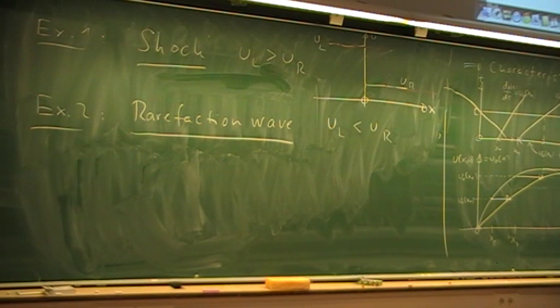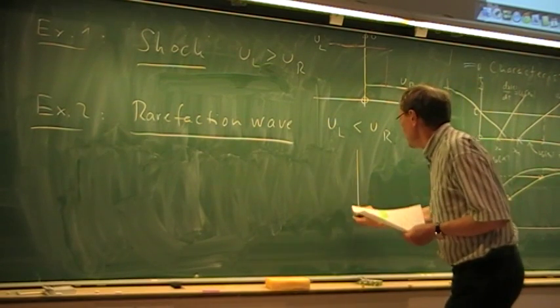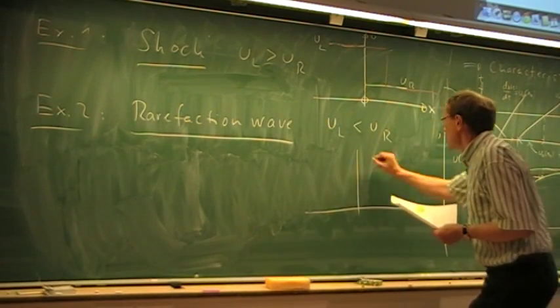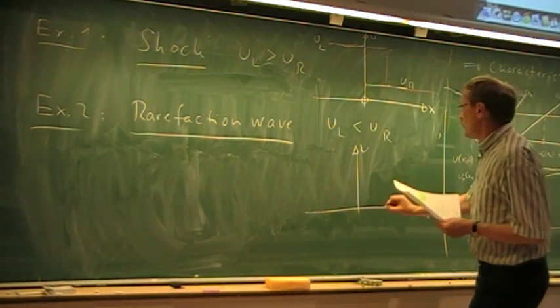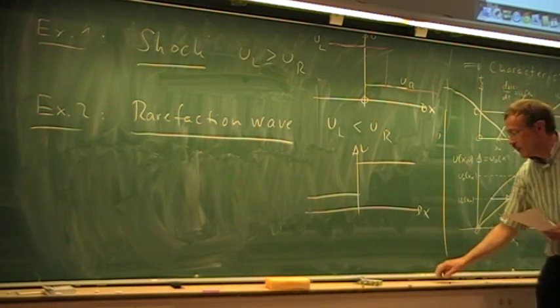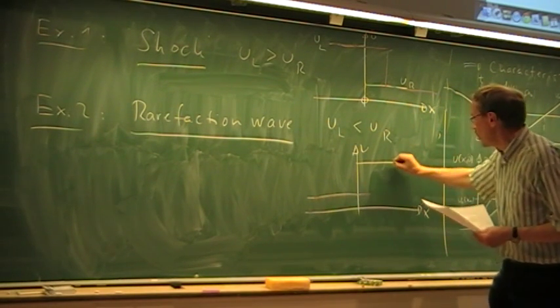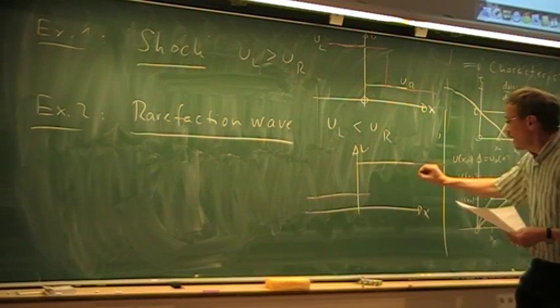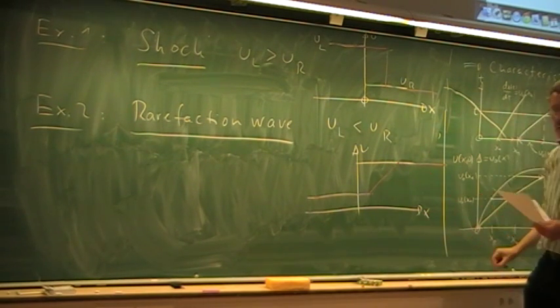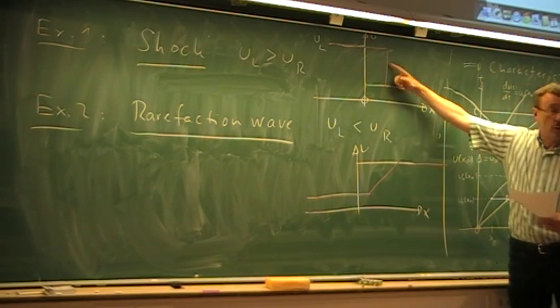And the rarefaction wave is just the opposite. We have x and u, and we have this and this, for example. Then this will propagate with a lower velocity, and this will propagate with a higher velocity, and we will have something straight in between. That is called a rarefaction wave, and that is called a shock.